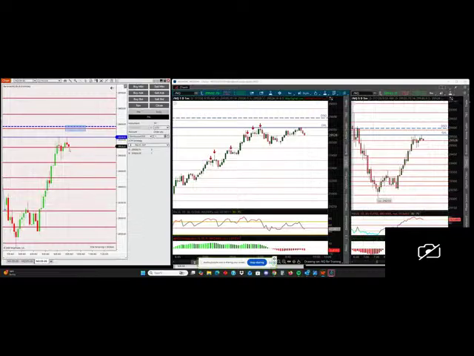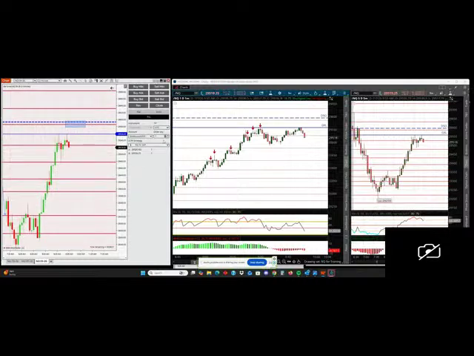This bar opened here. What time is it? 9:55. And we'll go short here. Well, we already have this one contract, 24 ticks already put us into the profit right there.